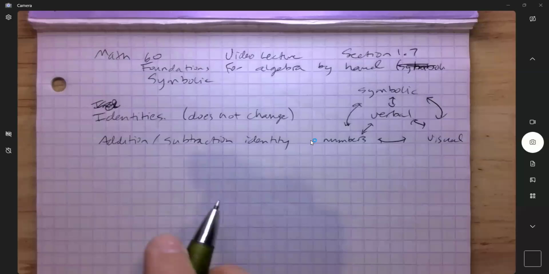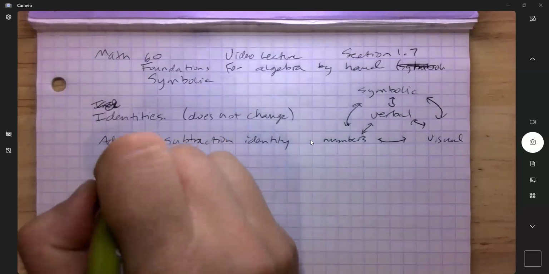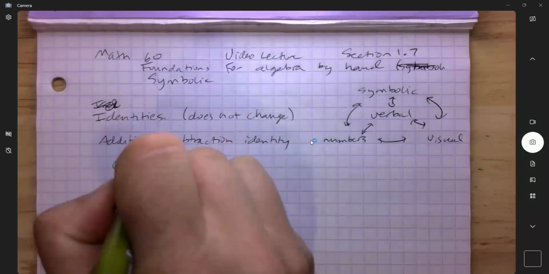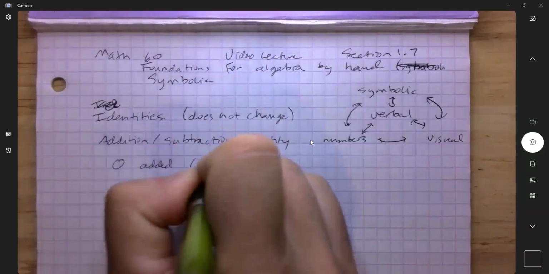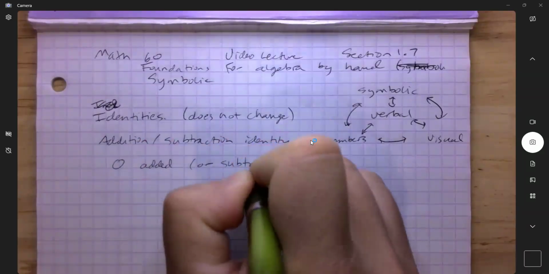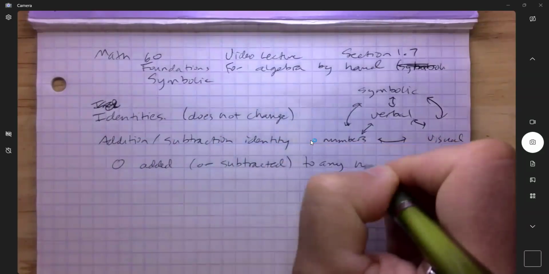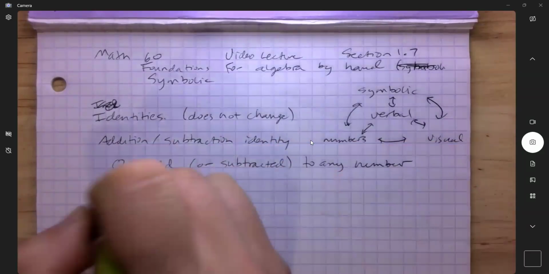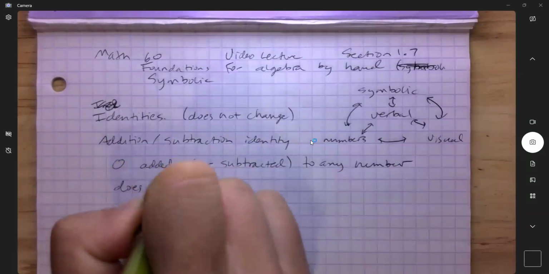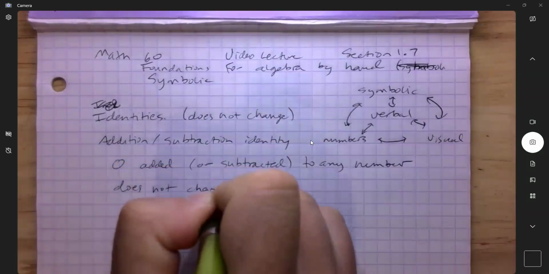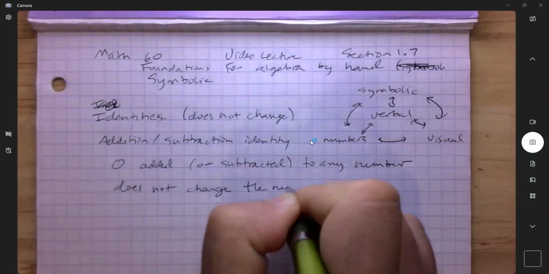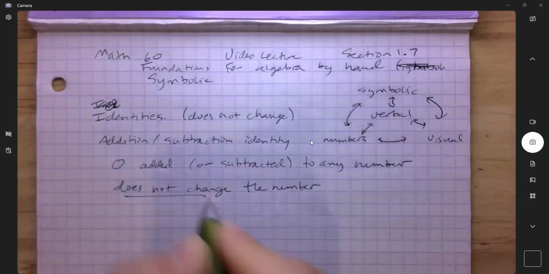So the addition, subtraction identity is 0 added or subtracted to any number does not change the number. And that is our identity phrase right there. It does not change.